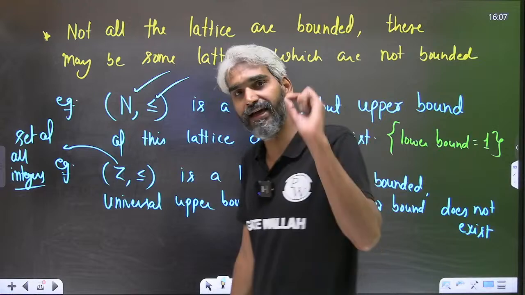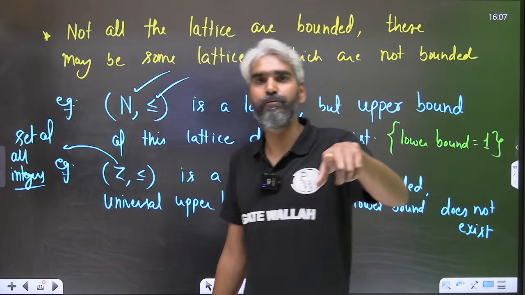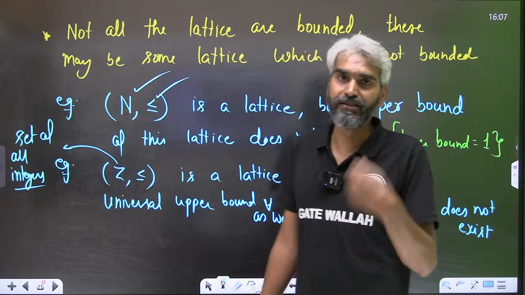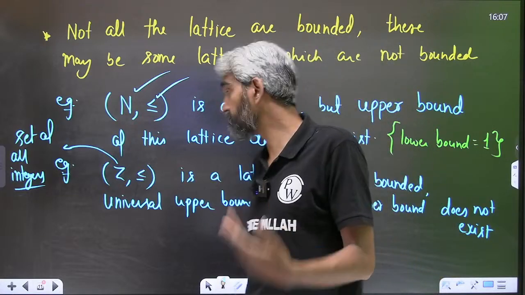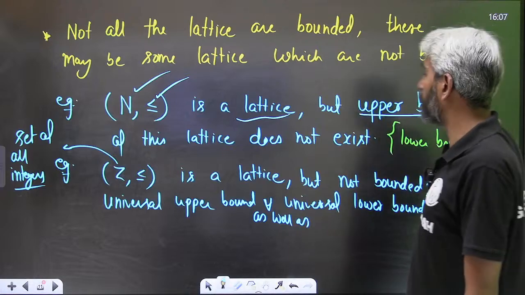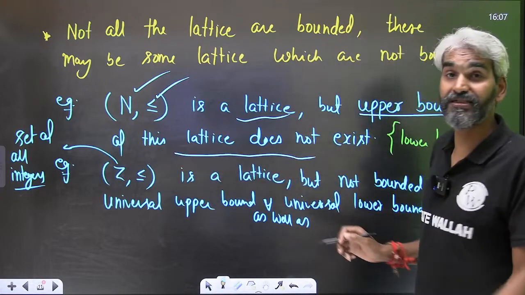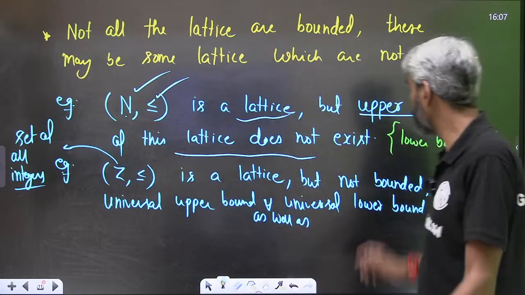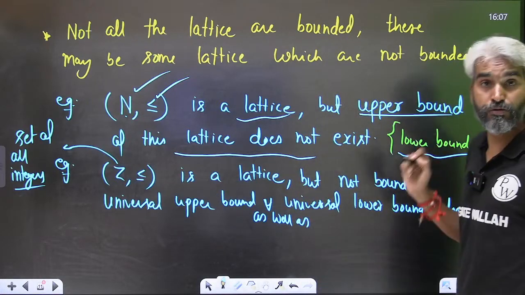Yes, sir. If you take any two natural numbers, one will be larger and another will be smaller. So the larger one will become the least upper bound and the smaller one will become the greatest lower bound. So the set of natural numbers is a lattice, but the upper bound of this lattice does not exist. What will be the universal lower bound? Sir, the smallest natural number is 1. So the universal lower bound will be equal to 1.